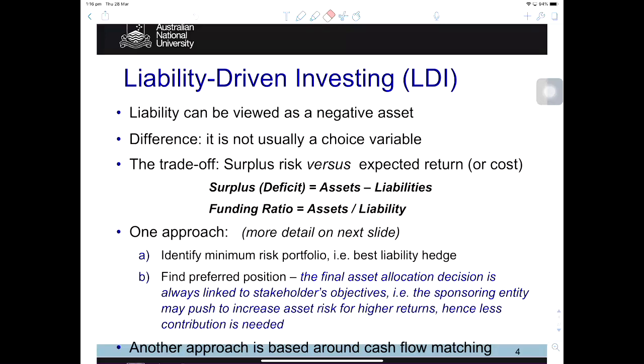But DB funds do not have a benchmark at all. They have the liability for every single defined benefit fund. They have their own constraint, the liability to meet. So they don't have a benchmark, and tracking error is not a relevant risk measure.